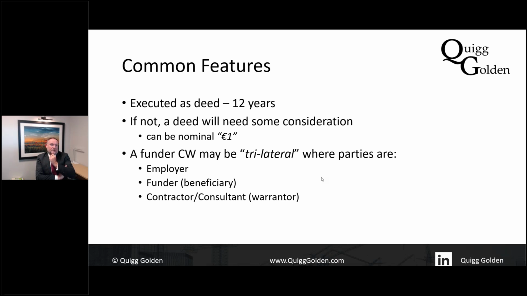Often we'll see that the collateral warranties with the funder can be trilateral, in which case it will be signed by the employer and the funder and the particular contractor or consultant, the warrantor, the person giving the warranty.